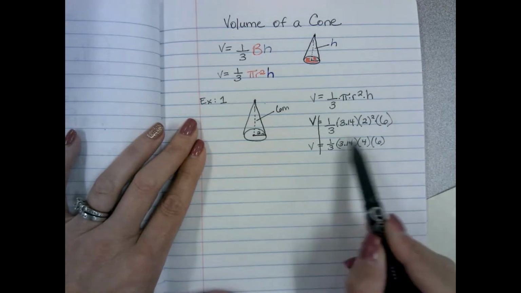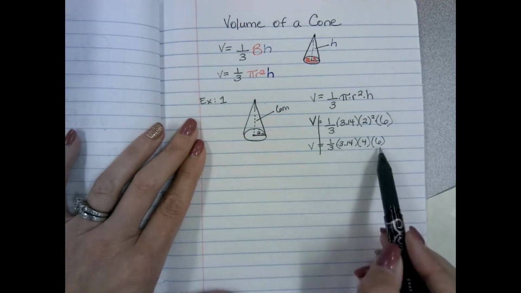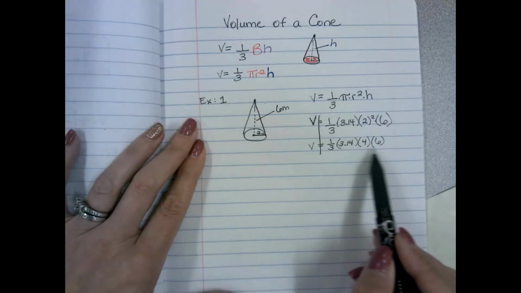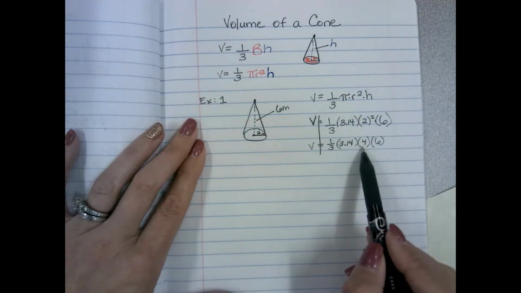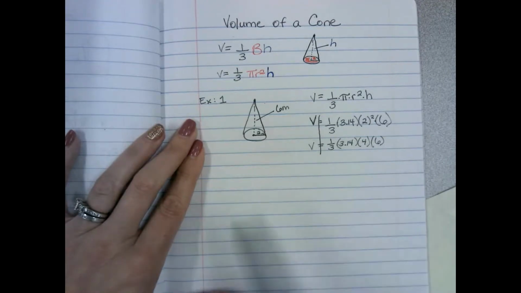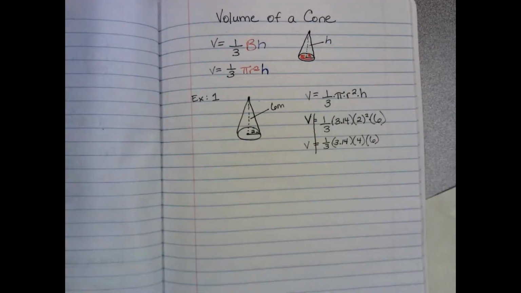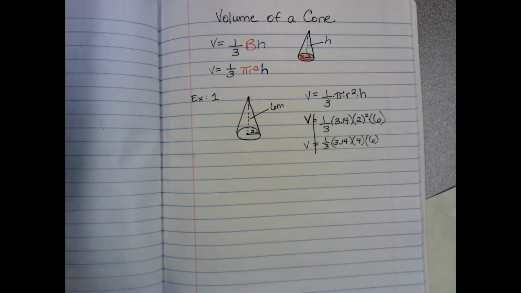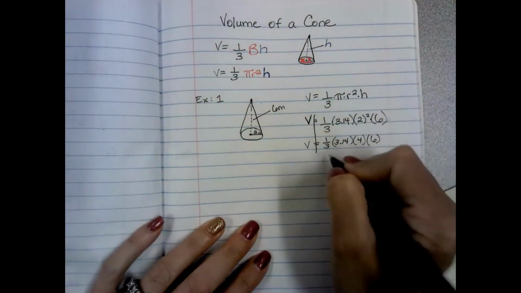On this side of the equation, I have a lot of multiplication to do. Doesn't matter which order I do it in, so I'm just going to start with 3.14 times 4 times 6. And I'm going to put that all right into my calculator. 3.14 times 4 times 6. And I get 75.36.